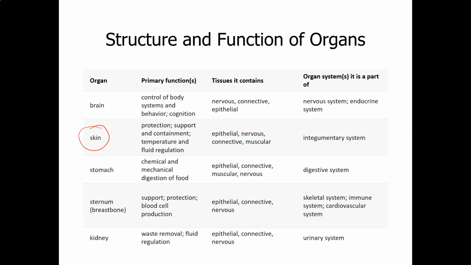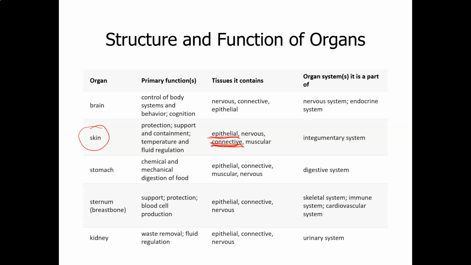The tissues that are contained in skin are actually all 4 tissue types. Epithelial tissue is on the top of our skin and forms the epidermis.